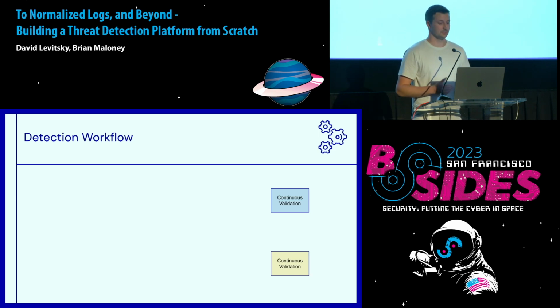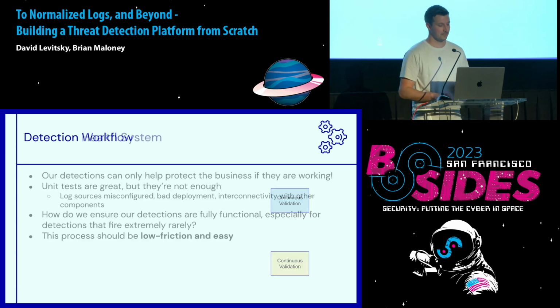For a variety of reasons based on engineering constraints and a couple of other factors, it was really important for us to be able to immediately deliver value to the business. As the business is investing in a detection and response function, we needed to show value pretty quickly. So we chose to buy a detection engine so that we could build workflows on top of it. That gave us a nice foundation to get started, and let us invest in some really neat efforts to guarantee a high level of service, for instance, continuous validation.